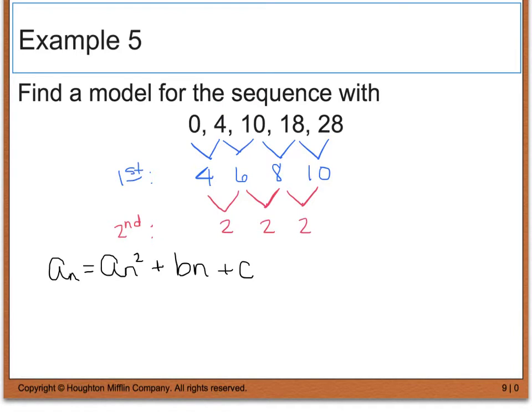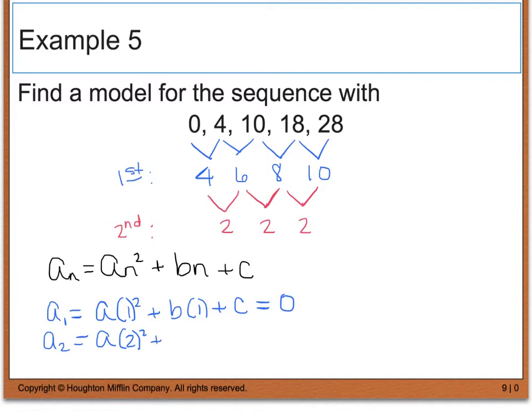So for my a sub 1 term, I know that a sub 1 was equal to a times 1 squared plus b times 1 plus c, and that all equaled that first term, which was 0. My a sub 2 term was equal to a times 2 squared plus b times 2 plus c, which was equal to 4.